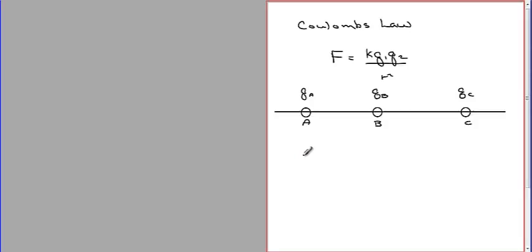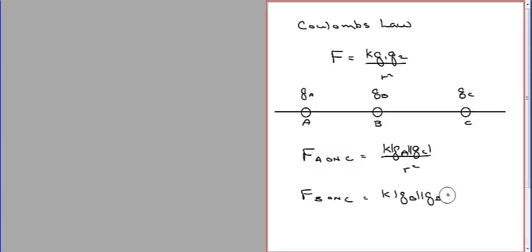So what I will ask you is, what is the force due to charge A on C, and the force of charge B on C, and you can calculate those by just using the appropriate charges and use the values, the magnitudes and not the signs, and then the distance will be the distance from here to there, and for this particular one, and then in the second case you'll have Q sub B and Q sub C. And again, if they're negative charges, make them positive in this part of the calculation.